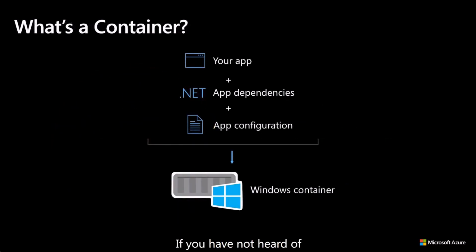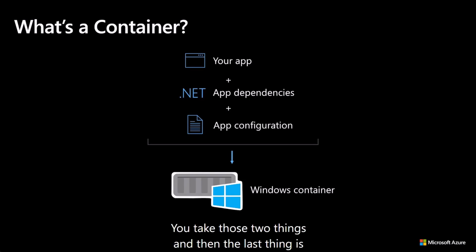If you have not heard of Windows containers before, then welcome. This content is for you. More likely than not, you might have heard of Windows containers, but just at a really high level, a Windows container is you take your application, and your application usually has some dependencies. Say it's on .NET or something like that. These libraries and frameworks are required for your application to run.